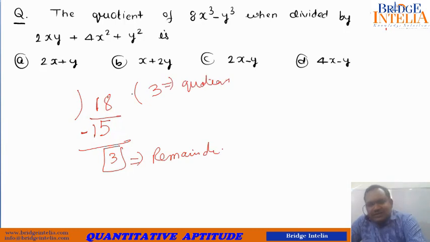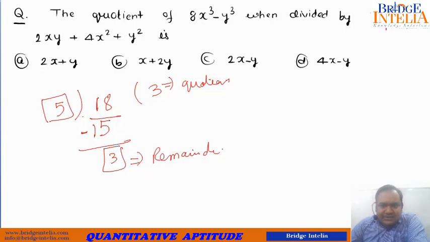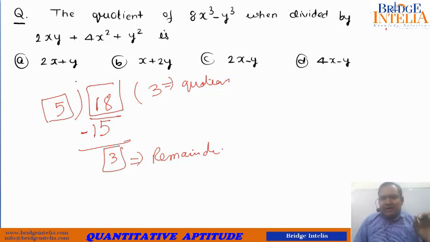Quotient means how many times the complete division has taken place, and this 5 will be the divisor, and this will be the dividend. What is being divided is known as dividend, by which it is being divided is known as divisor. The complete number of divisions is known as quotient, and the remainder, of course, you know what it is.